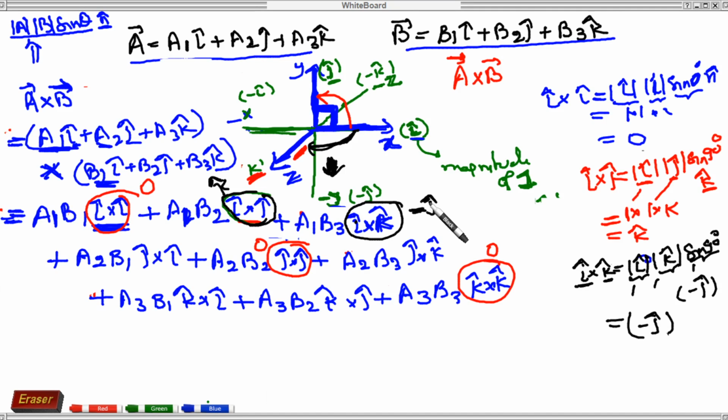Okay. What about this j cross i? It's j to i. What will be the direction? Rotate your fingers from j to i, so it will be minus k. So this will come out as minus k.